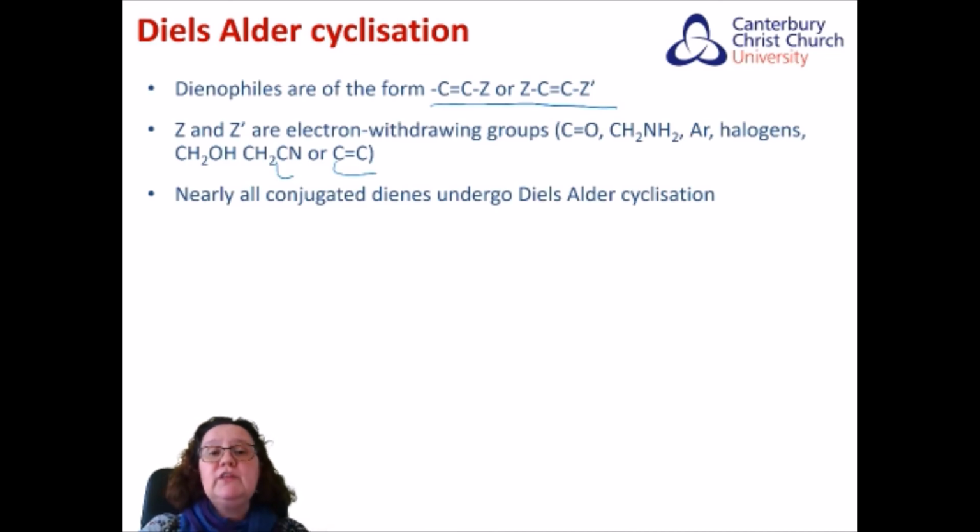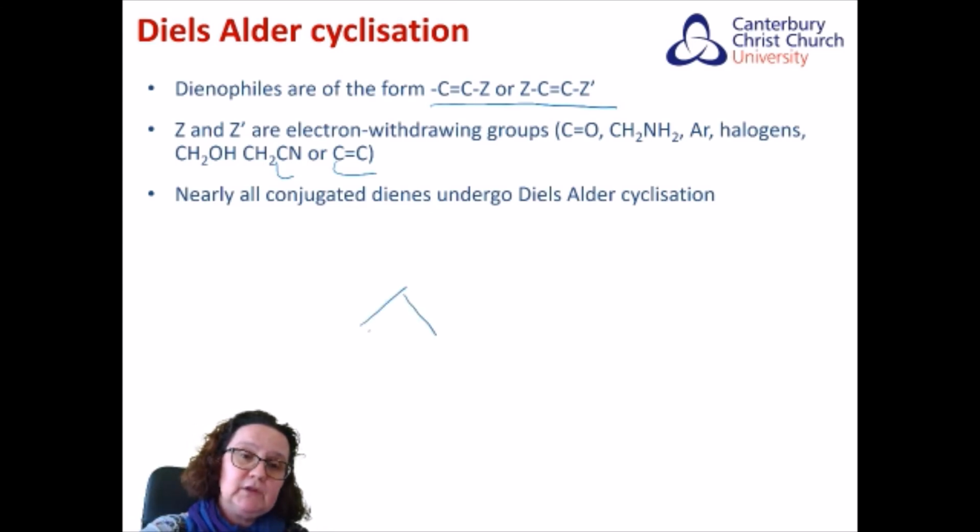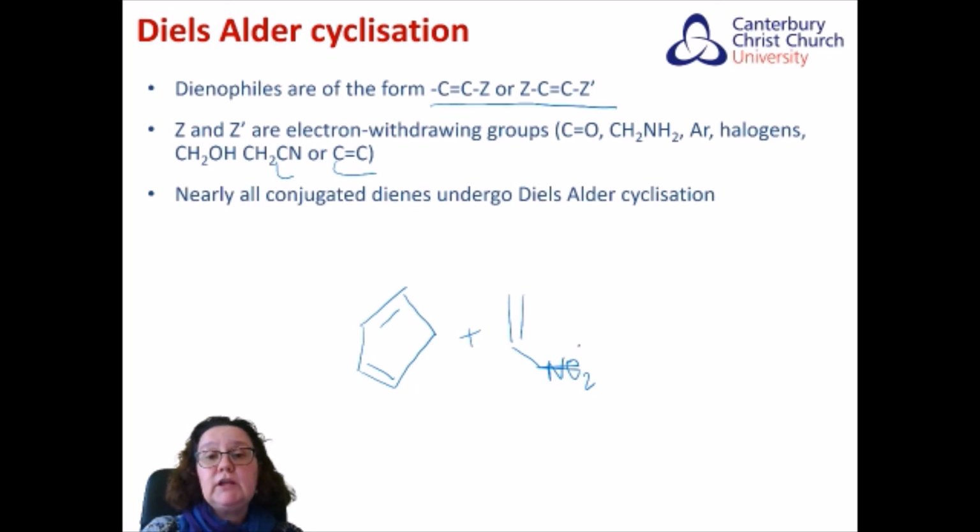Nearly all conjugated dienes will undergo a Diels-Alder cyclization. And you can have some really interesting products, because you can do it with open dienes, but you can also do them with cycles and get quite complicated structures. So for example, if you have a cyclopentadiene, and you make it react with, let's say, an electron withdrawing group, in this case a nitro group, you can have the reaction.